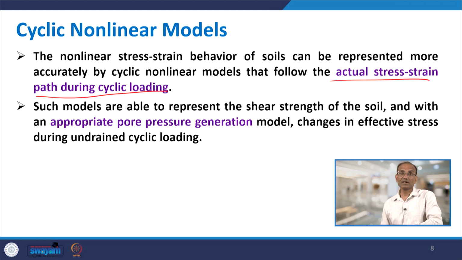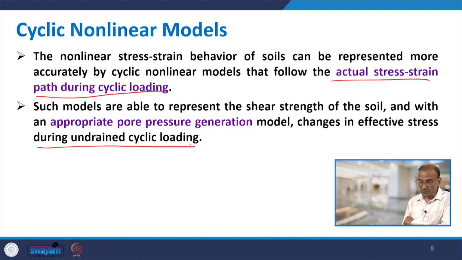Such models are also able to represent the shear strength of the soil, and with an appropriate pore pressure generation model, changes in effective stress during undrained cyclic loading. When we say undrained cyclic loading, that means if you do not allow the drainage, then what will happen? There will be development of pore water pressure. So, pore pressure develops.